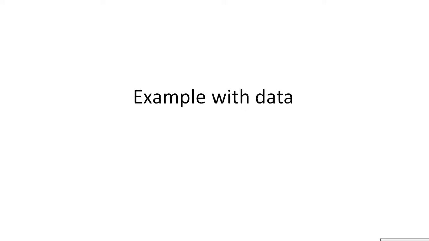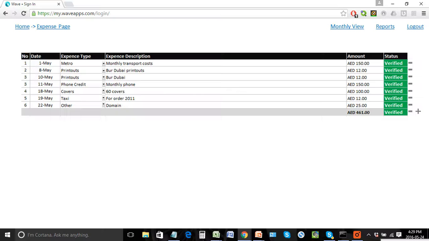This is the example of the data. As you can see, you have a date. This can be slightly different. This can be a list of data, like a typical sheet. You have a list of dates, and it has to be by month.